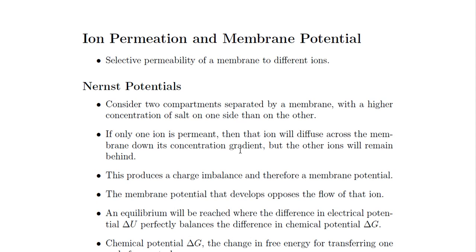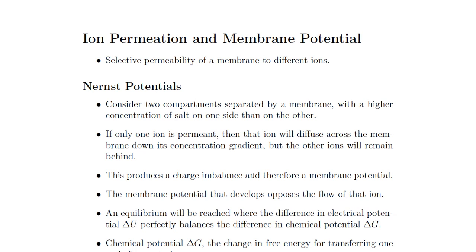We consider two compartments, A and B, separated by a membrane with a higher concentration of salt on one side than the other side. If we consider that only one ion is present, then that ion will diffuse across the membrane down its concentration gradient, from high concentration to low concentration, but the other ion will remain behind.